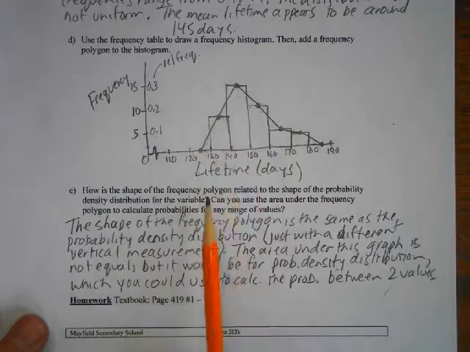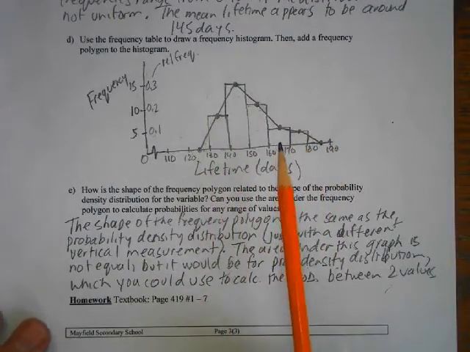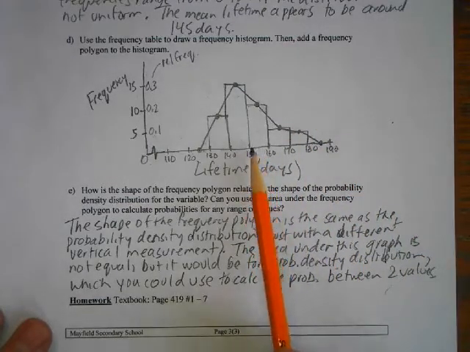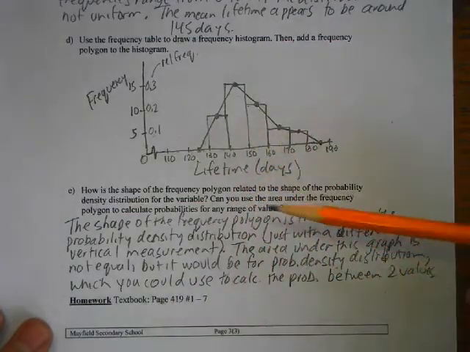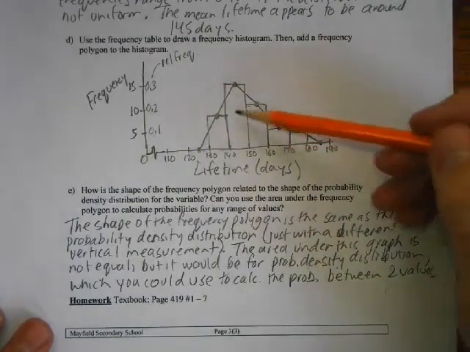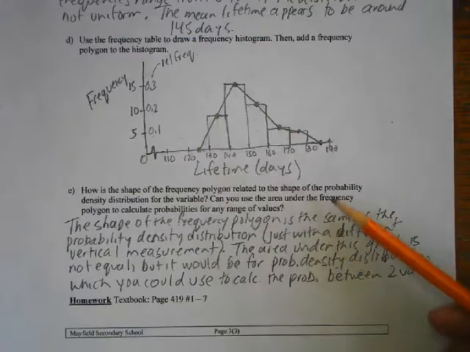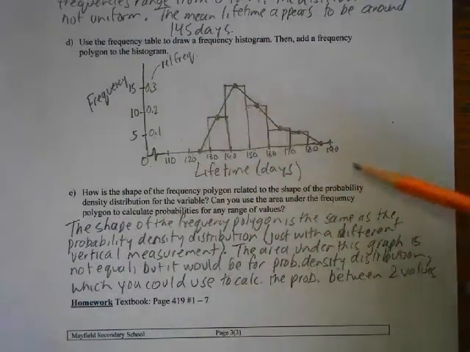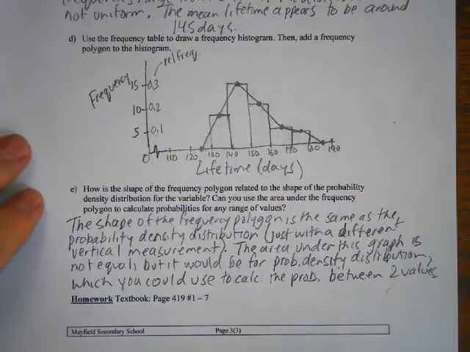If I want to know the probability that the lifetime of a light bulb is between, say, 135 and 165, you could just find the area under the curve, and that total area would be the probability that the lifetime was between those two values. But the math is going to be difficult because it's a continuous graph and it's not a nice rectangular shape.